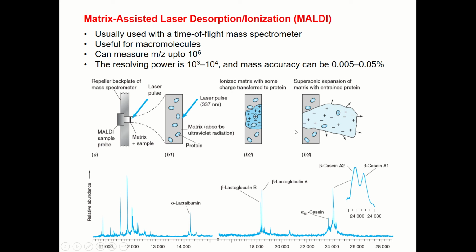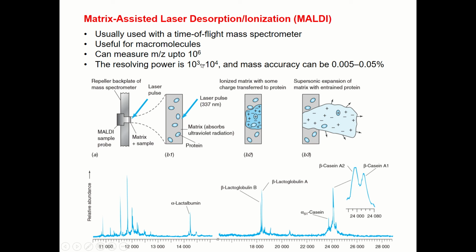Although he only had a bachelor degree, he developed this technique and got a Nobel Prize in chemistry. This technique is especially useful for measuring very high masses. It can measure mass to charge ratio up to 10 to the 6, 1 million.